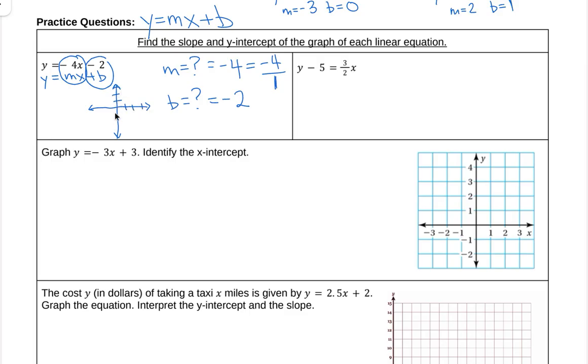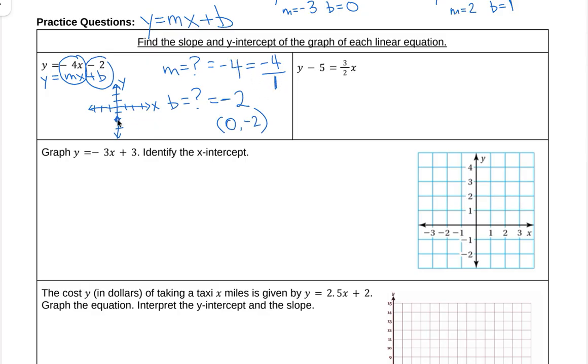So we have a point and we have a way to move. So this b right here is -2, and remember, whenever it crosses the y-axis, our x is always 0. So the coordinate point for the y-intercept is (0, -2). Then I would use my slope to be able to help me move, okay?